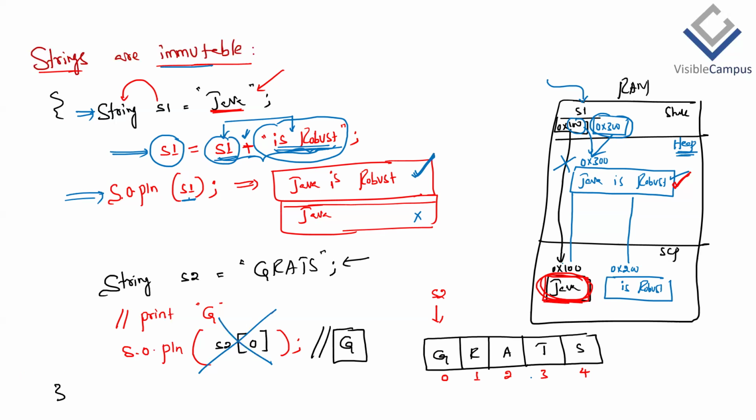For every string, there is a method called the length method. Based on using length and some more predefined methods like the charAt method, it is possible to access the individual elements of a string. That we will discuss later.